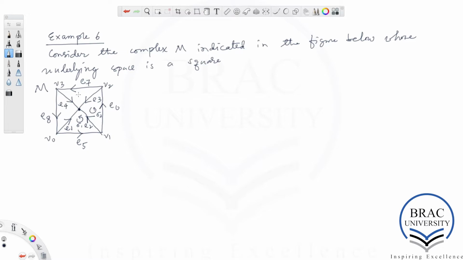Then we have sigma 3 oriented counterclockwise, and finally we have sigma 4, which is also oriented counterclockwise. Okay, figure 6, 2D complex M.